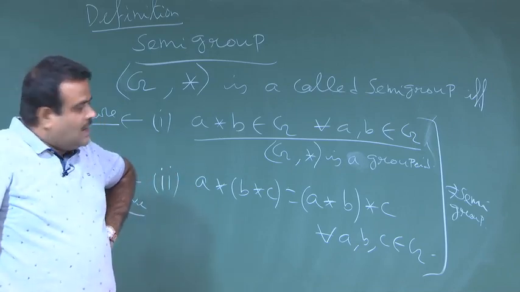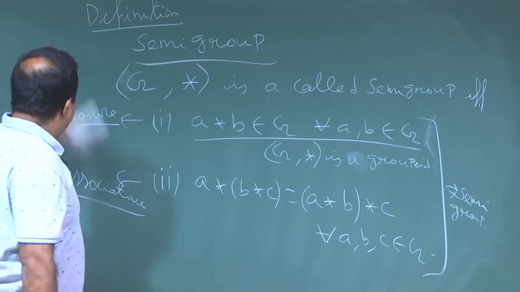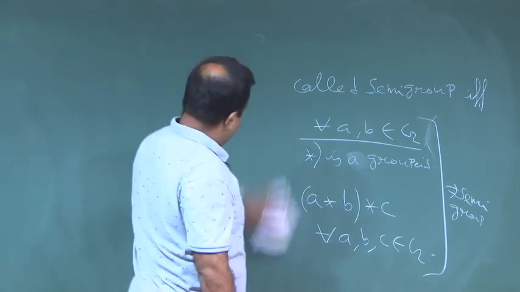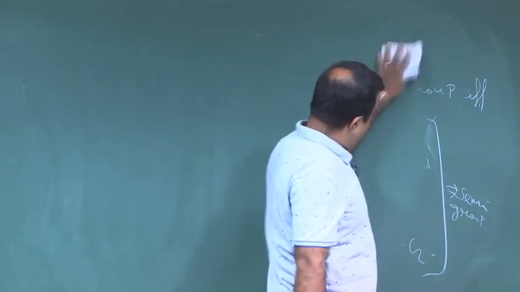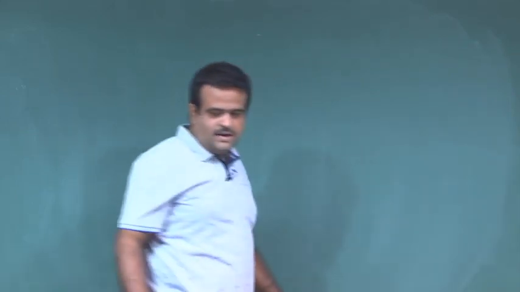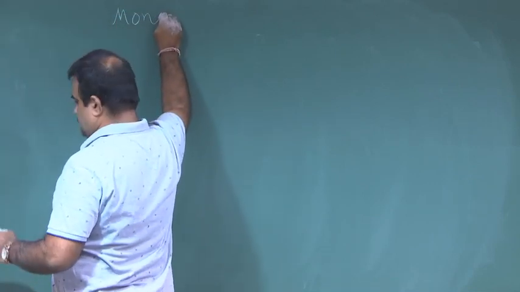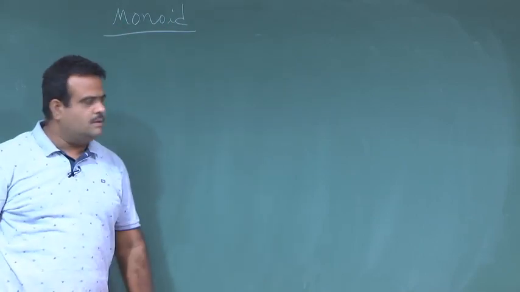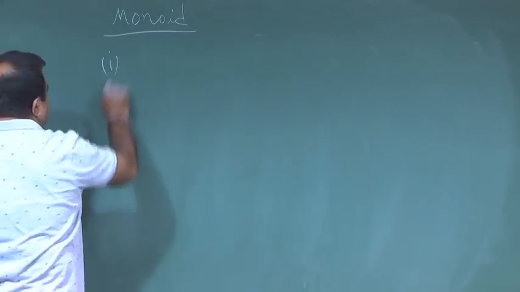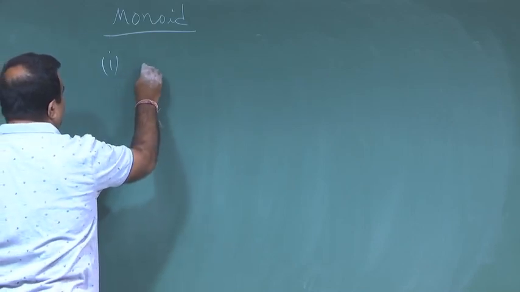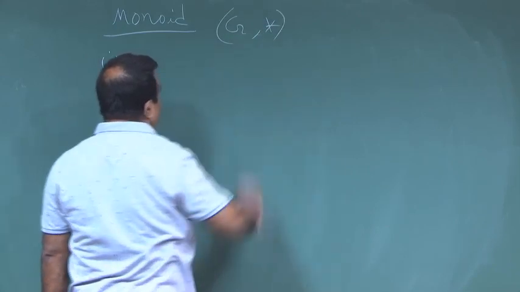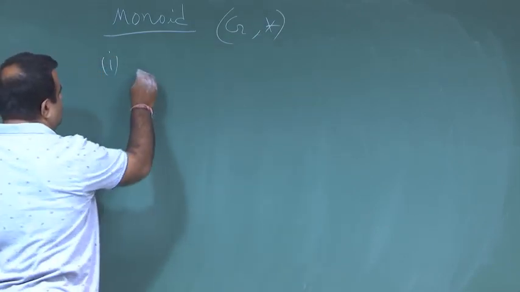So, now we define the monoid. Okay. So, monoid means, first of all, it has to be a groupoid. So, we call this a monoid if and only if, first of all, this is a groupoid.